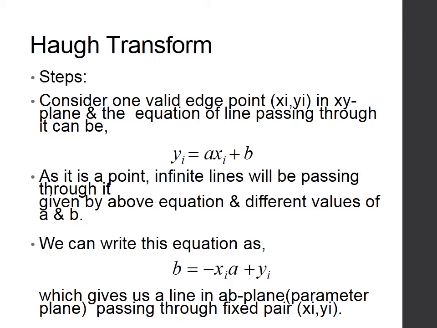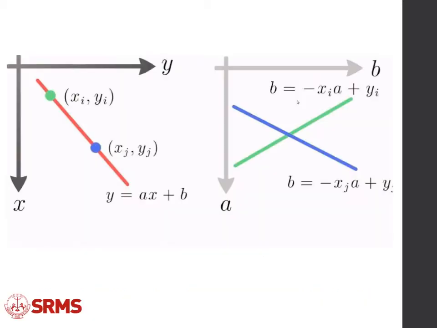We can write this equation as b = -xi a + yi. Eventually we have extracted the value of the constant b, which gives us a line in the ab parameter plane passing through a fixed pair, because it has parameters (xi, yi) and (xj, yj). It is a planar line.